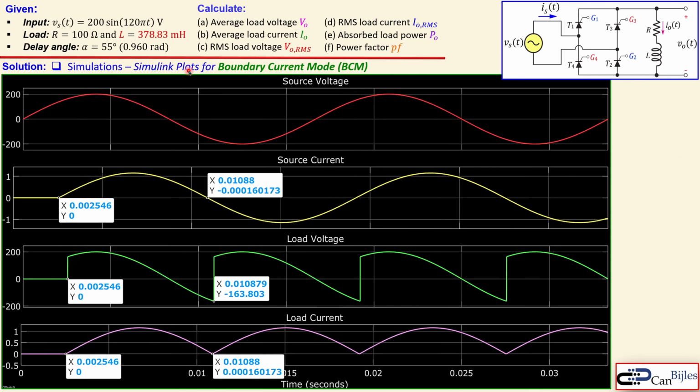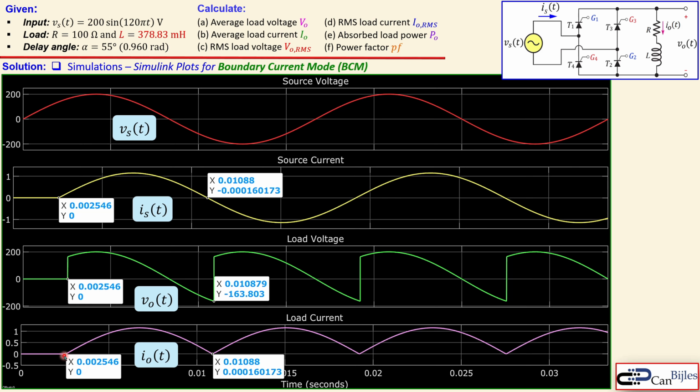In addition, we also see the plots for this boundary current mode. Interesting thing here is again the source voltage and source current are in the same shape, just shifted by this alpha or theta. So the delay is only by this theta, but the shape is exactly pure sine. There is no jumping here as we had seen before in the CCM.